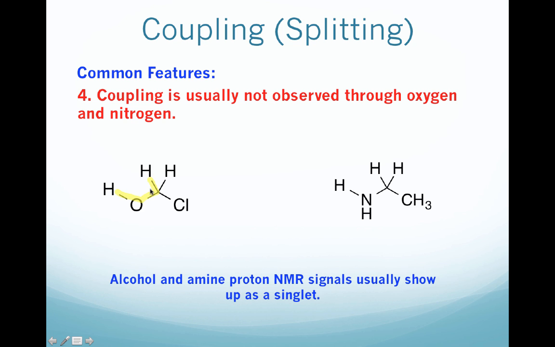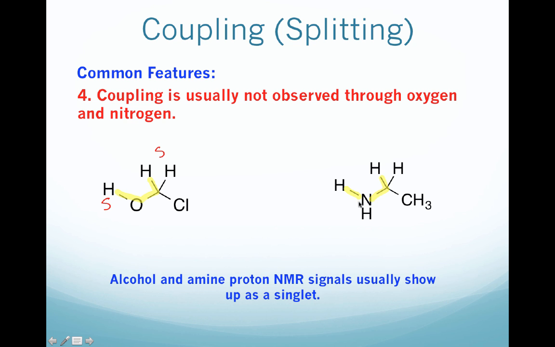Now we typically see 3-bond separations, but when it comes to going through a heteroatom like an alcohol or a 3-bond separation through a nitrogen, usually that's not observed. So this OH proton, that would show up as a singlet. This CH2 group would show up as a singlet.